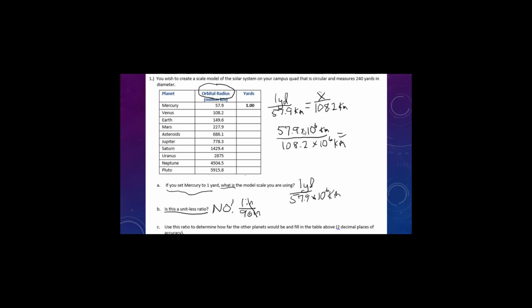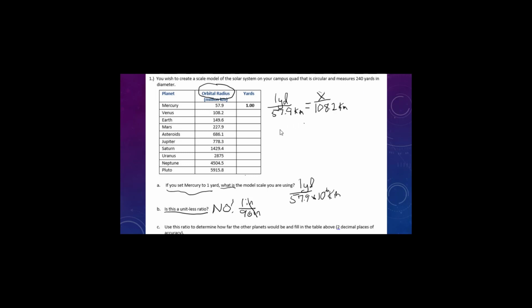So I filled this in here. This is the distance from the orbital radius to Mercury, and this is the orbital radius to Venus. Now watch. I can cancel this, and the ratio does not change. It'll be 57.9 over 108.2. So I don't need to use this 10 to the 6th when I'm filling in this scale here. Okay, I can get rid of this now and go back to there.